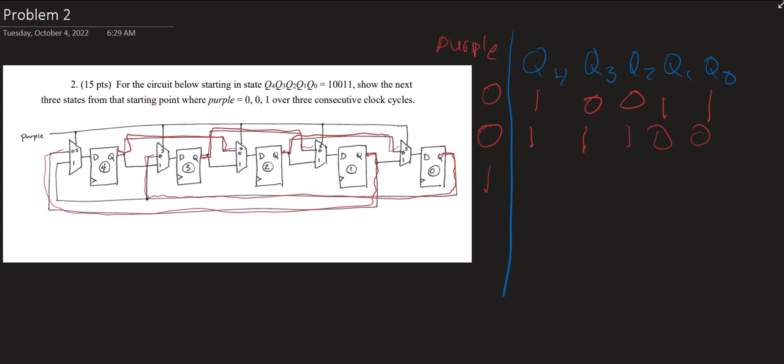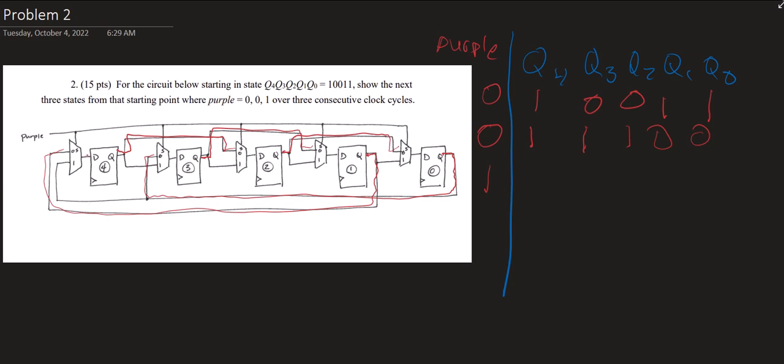Right. Okay, so purple has changed, but we're still acting on the edge of the clock cycle. So we're still acting right with what's right here sitting ready to go at the D input. And so we're still using what's coming into the 0.